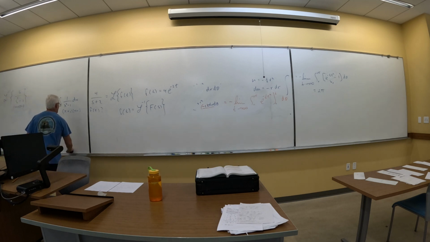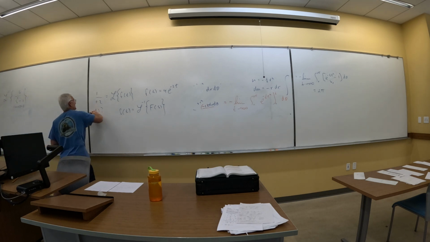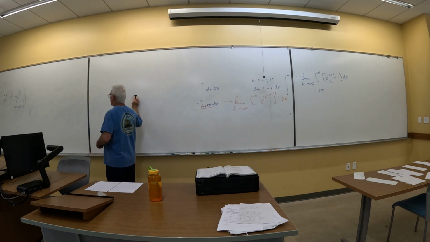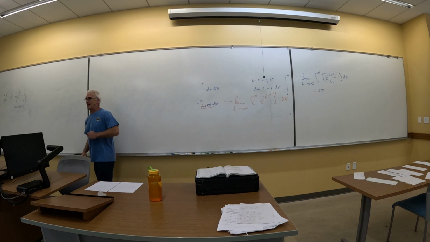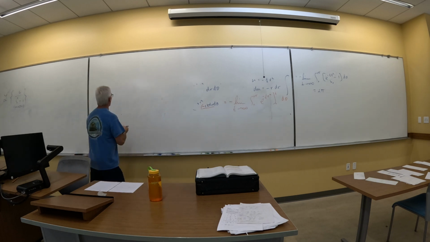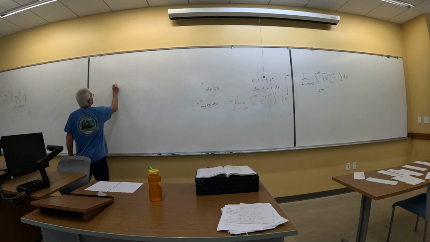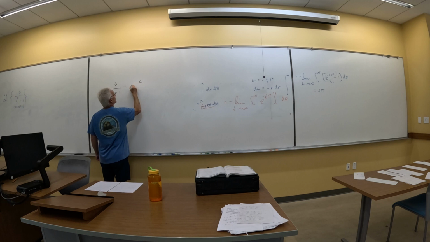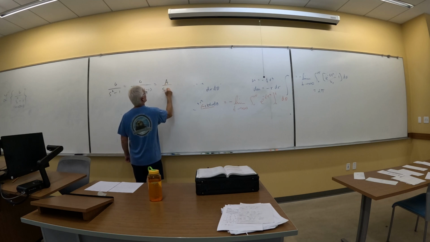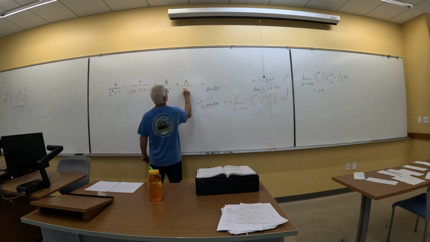So let's remind ourselves about the partial fractions decomposition. I will assume that everybody's done this, and at one point in your life, you were probably really good at it. But it probably wasn't last semester, right? So, 6 over s squared minus 1, that's the same as 6 over s plus 1, s minus 1, which we'll write as a over s plus 1 plus b over s minus 1.